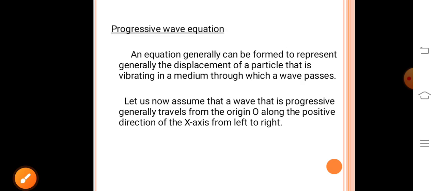Progressive wave equation. In the progressive wave equation, the energy is transferred from one place to another by the vibration of particles of the medium. This equation is generally formed to represent the displacement of particles that are vibrating in a medium through which a wave passes.